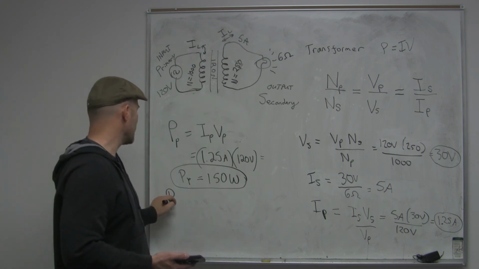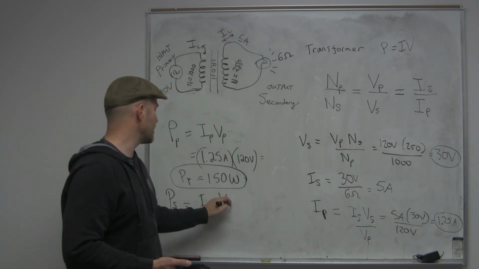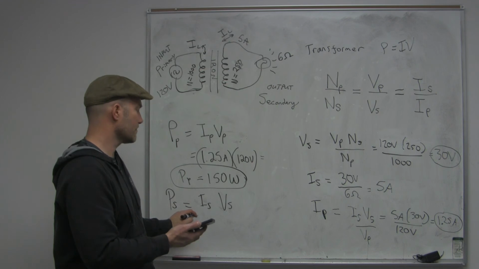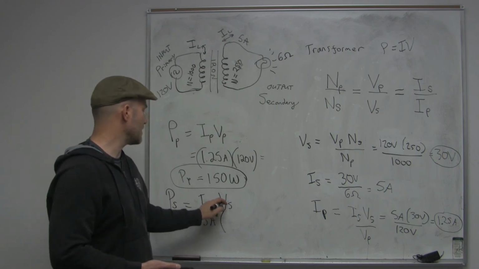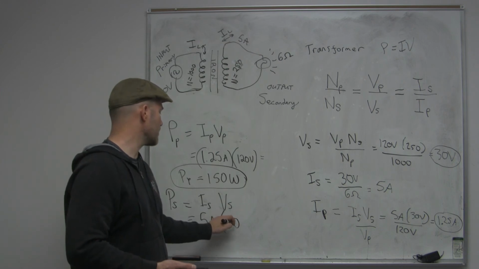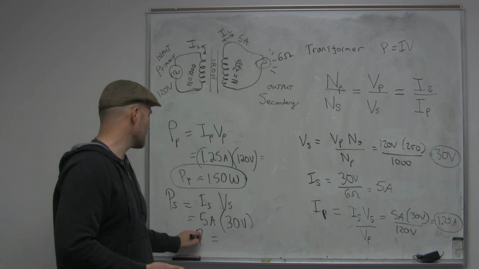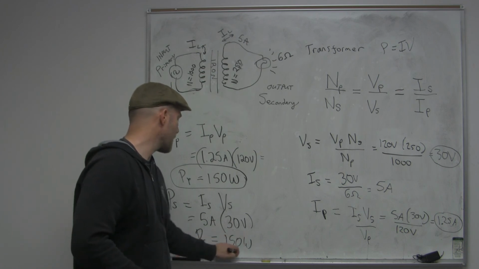What about the power on the secondary? Well, that is equal to the current on the secondary multiplied by the voltage on the secondary. The current on the secondary is 5 amps. We multiply that by the voltage on the secondary, which is 30 volts. And that gives us a power on the secondary, 5 times 30, of 150 watts.